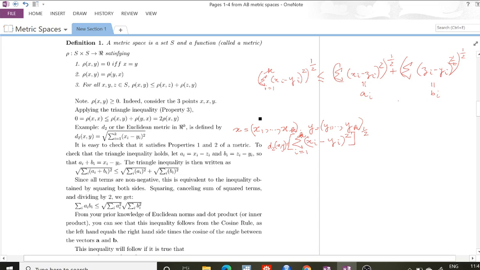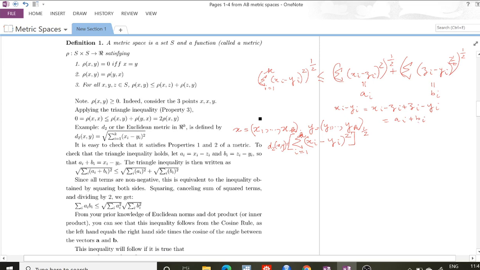Okay, so then notice that if I write xi minus yi is equal to xi minus zi plus zi minus yi, that's equal to ai plus bi.